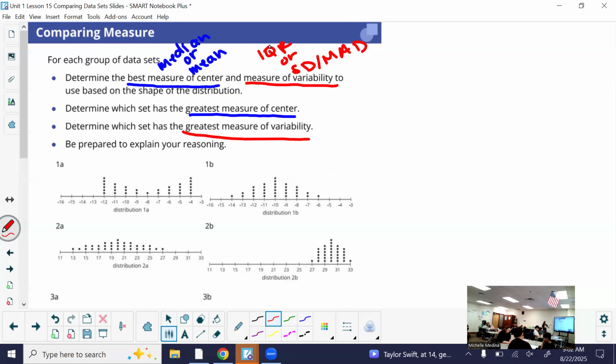For each individual one, I'm going to ask you what's the better measure of center and what's the better measure of variability. Then I'll ask you between these two, A or B, which one has the greatest measure of center? Which one has the greater mean or median? Then I'll ask you which one has the greatest IQR or standard deviation / MAD, whatever. Okay? Questions on what we're doing?